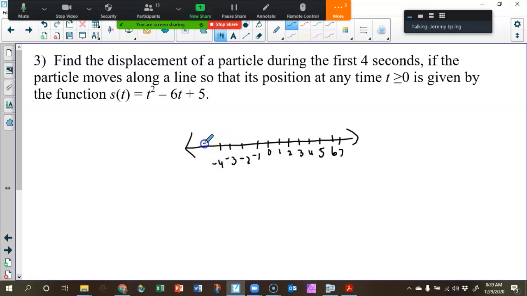So here's our little number line, and we're going to put our little particle on it. So we need to first of all know, where are we on this number line?